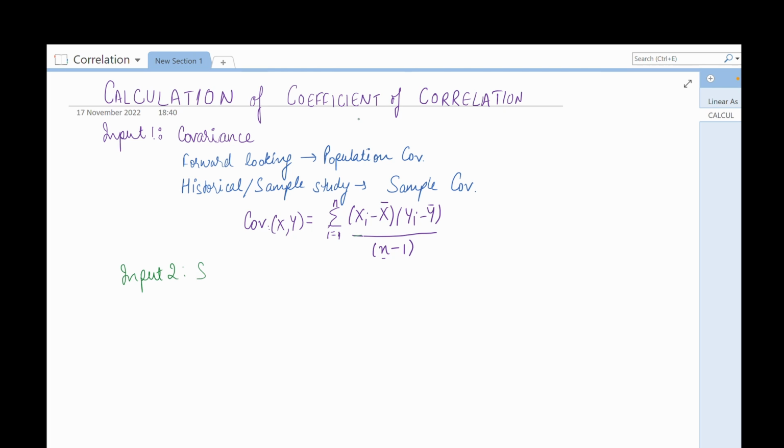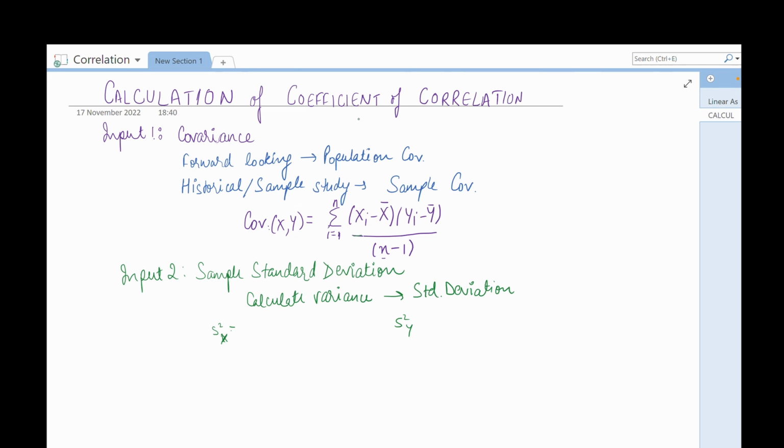The next input is the sample standard deviation of the two variables. So what we do here is that we calculate the variance and then from that we find out the standard deviation. Variance of a random variable is simply the covariance of the random variable with itself, denoted by s square x and s square y.